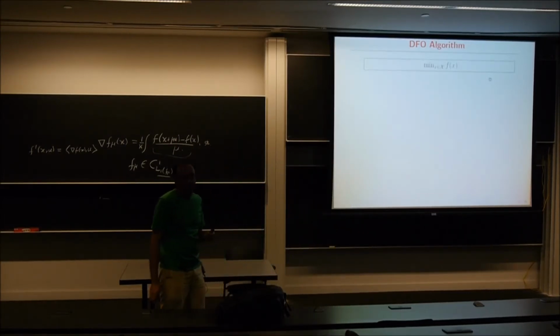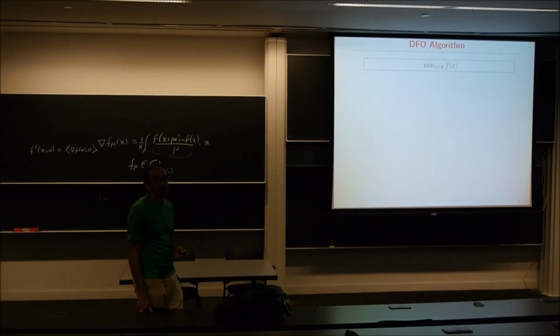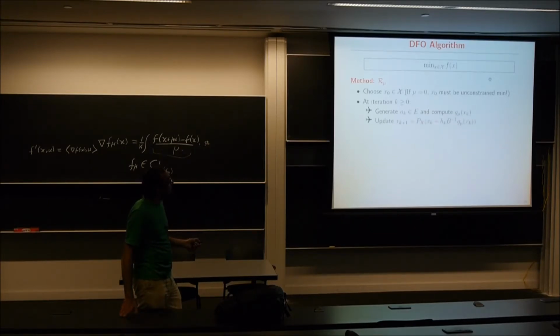So the standard DFO algorithm, which is no surprise, is exactly the algorithm that you would write down given whatever you have been looking at in this class so far, right? You minimize that, and at iteration k generate some Gaussian random vector and query your random oracle, get a sort of, let's call it a pseudo gradient, and then update.